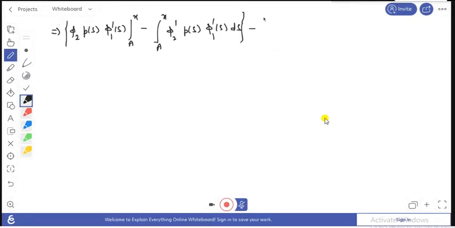For the second, this becomes phi1 times the integration of second, which equals p, and this is d phi2 by ds.